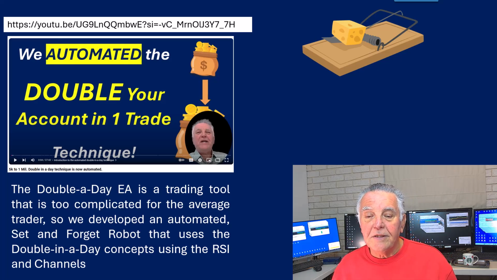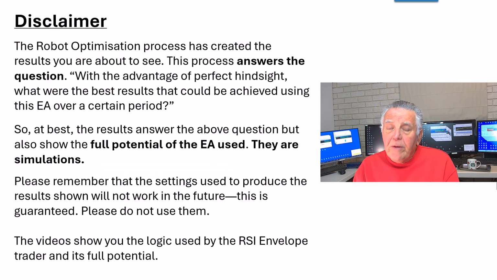Now I'm going to start with a disclaimer, a very important one, because the examples shown here are based on optimization. The robot optimization process basically answers the question, with the advantage of perfect hindsight, what would be the best results that could be achieved using the EA over a certain period.